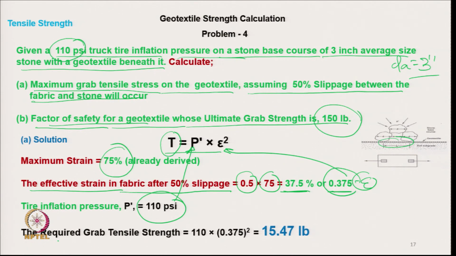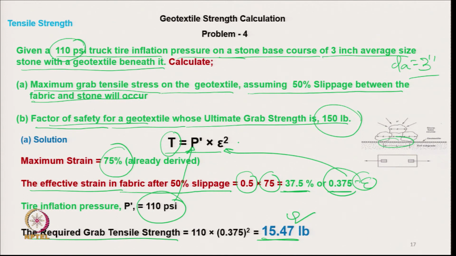So, the required tensile strength is 110 multiplied by 0.375 square, that is 15.47 pound, the required grab tensile strength. That is the minimum grab tensile strength required, which will be generated during this condition.